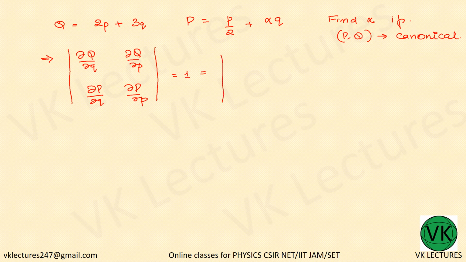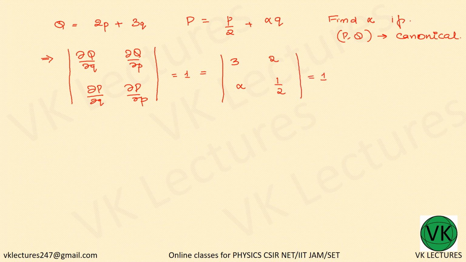That is 3. ∂Q/∂p is 2. ∂P/∂q is alpha, and ∂P/∂p is 1 by 2. So now this is equal to 1.